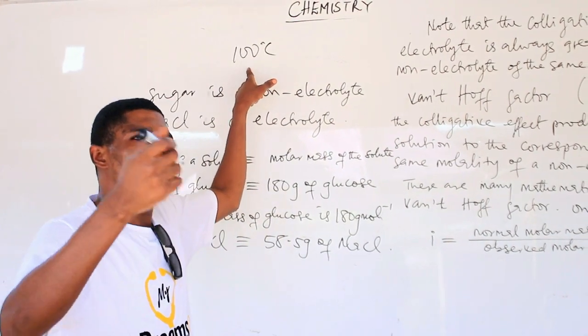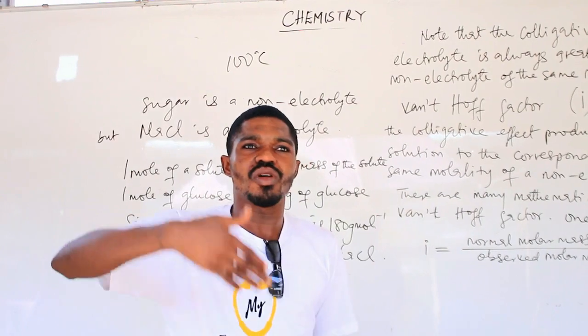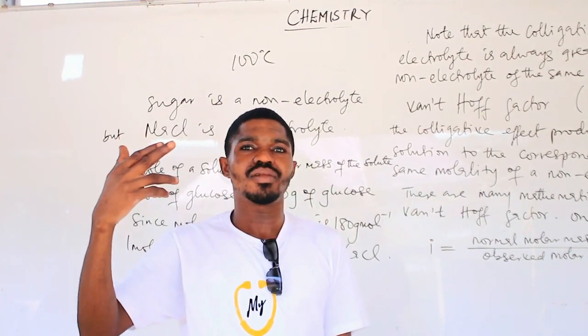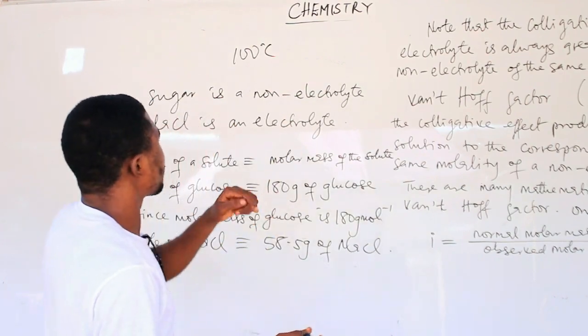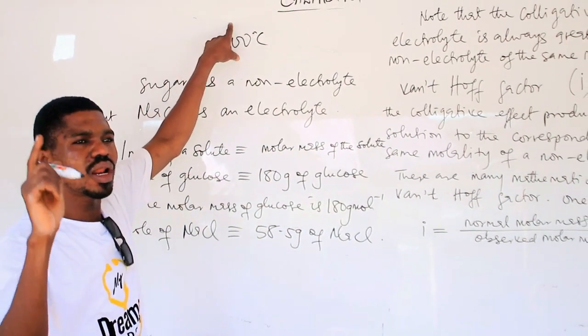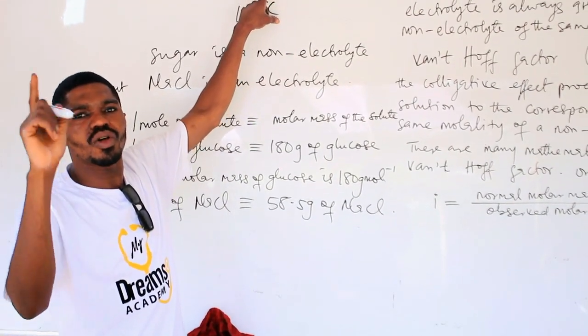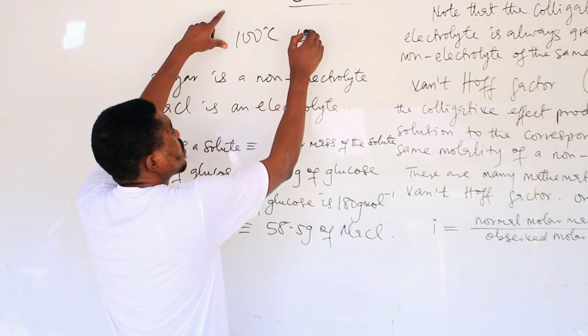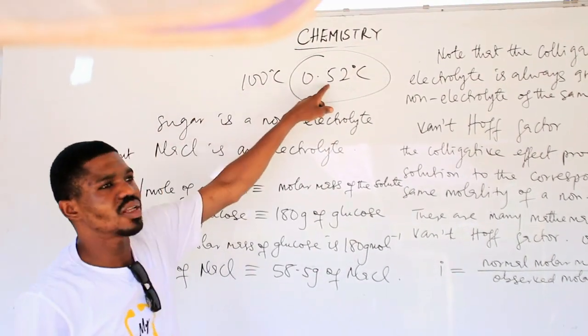It simply means how much the boiling point of a solution will rise when you dissolve 1 mole of a solute in it. For example, the molar elevation constant, or the ebullioscopic constant, or the boiling point constant of pure water is 0.52 degrees Celsius. What does that mean?